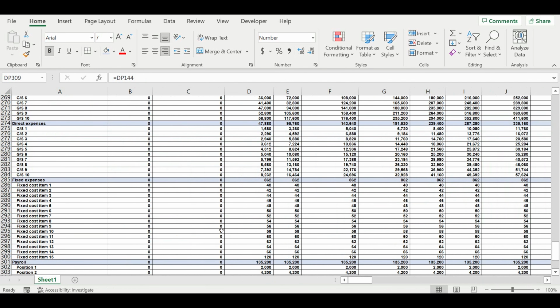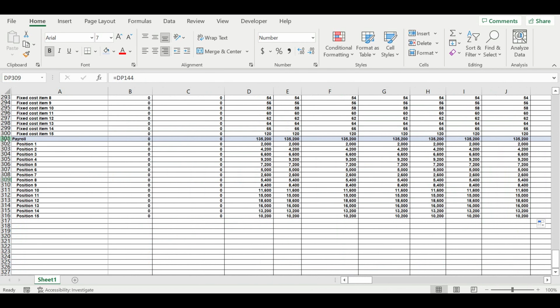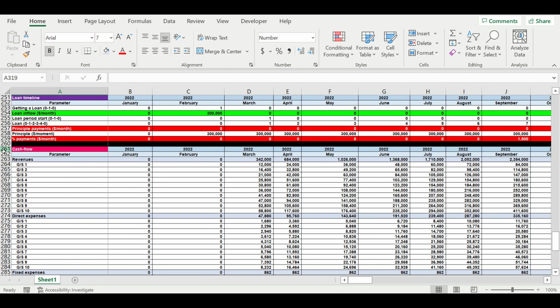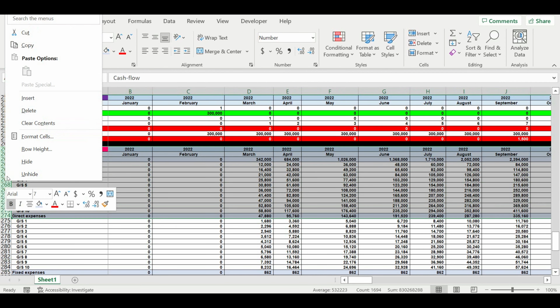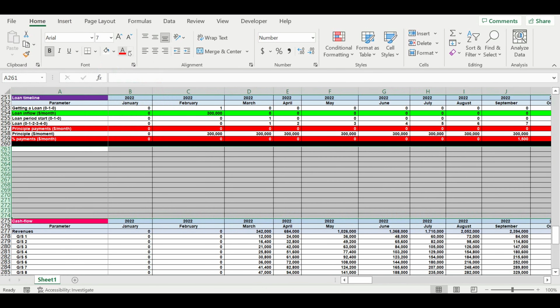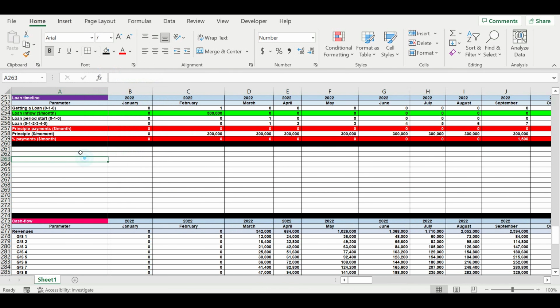Then we are adding taxes. So for taxes we will add an additional block of inputs. We will have name and rate value.